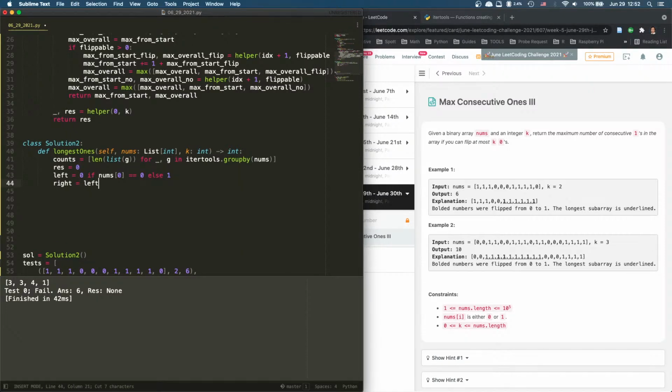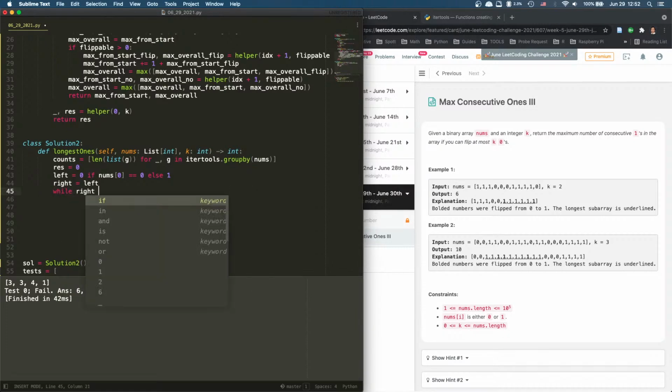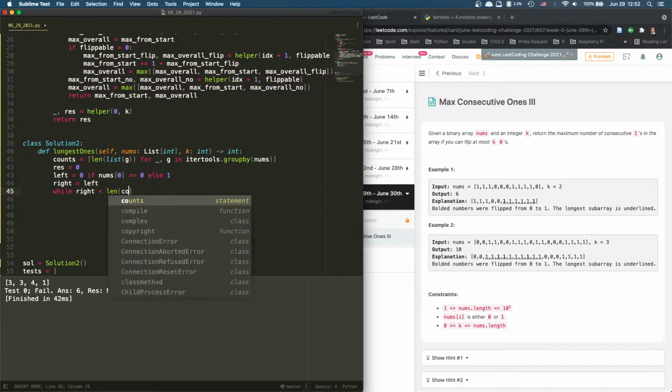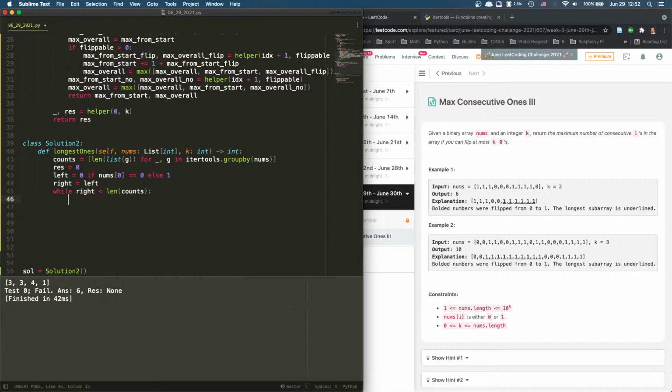So we're going to do the first extension, right going to extend to the end. So we say while right is smaller than len counts. Now left and right are at the same position. And then we say flipped equal to the minimum of these two.